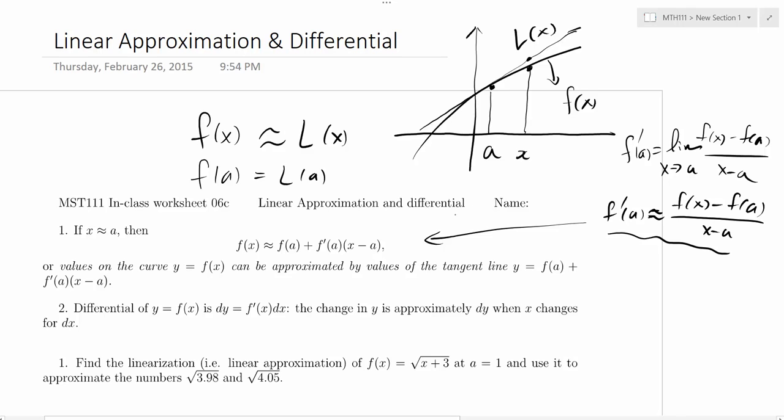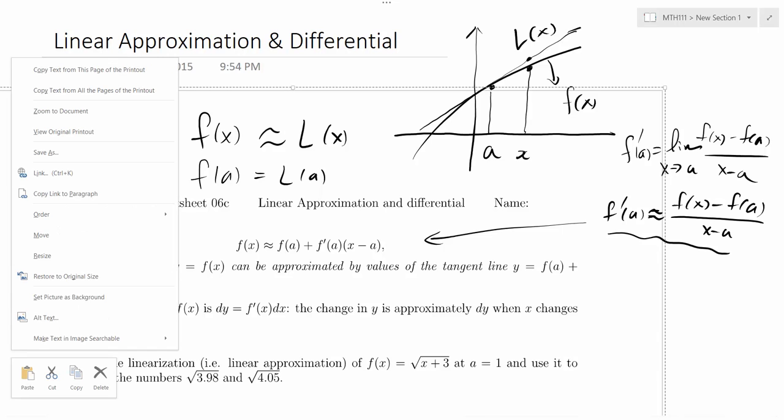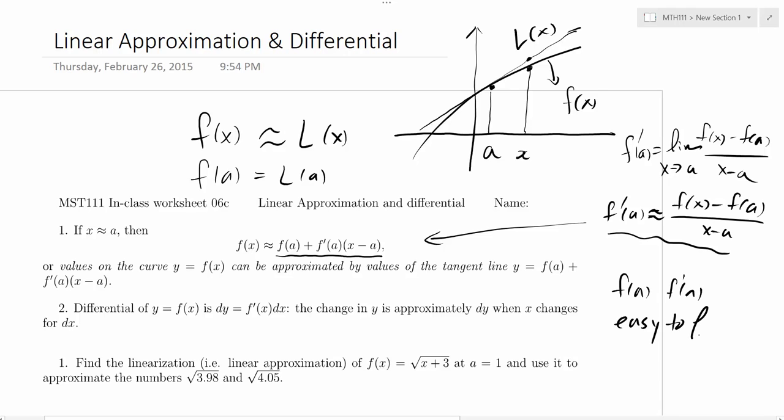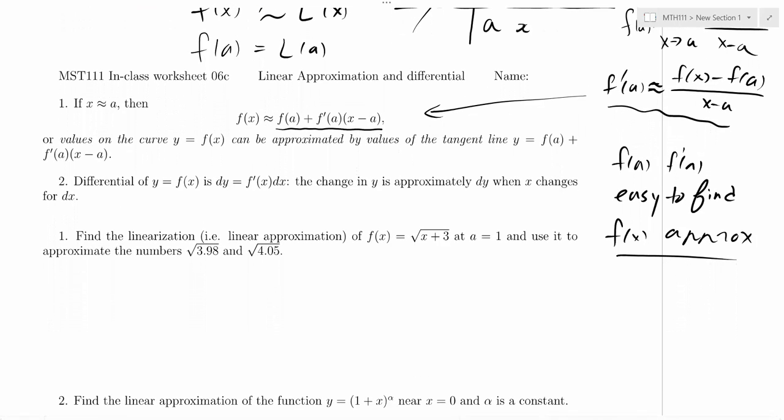For a problem of this kind, we always need to identify the point where we can easily find the value of f of a, because this formula involves the computation of f of a and also f prime of a. So the idea is that f of a and f prime of a should be easy to evaluate. That way we can approximate f of x.